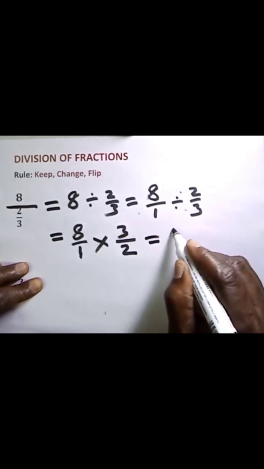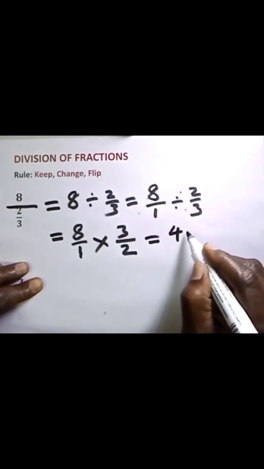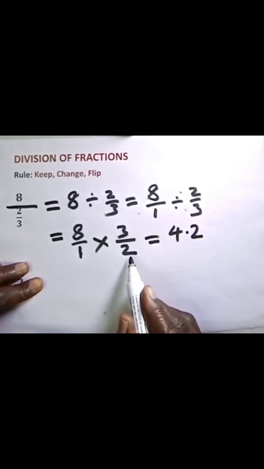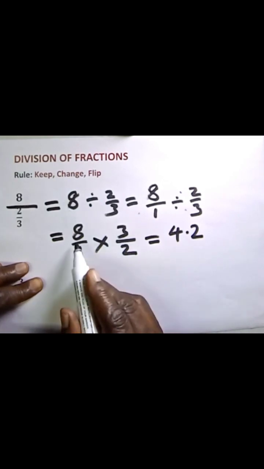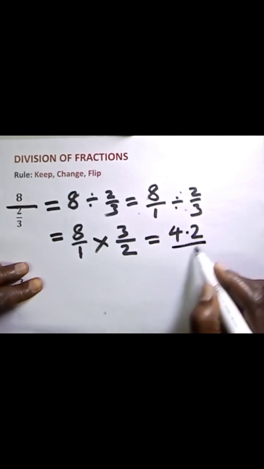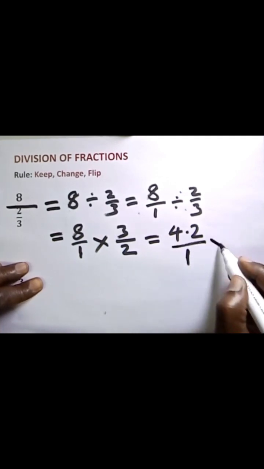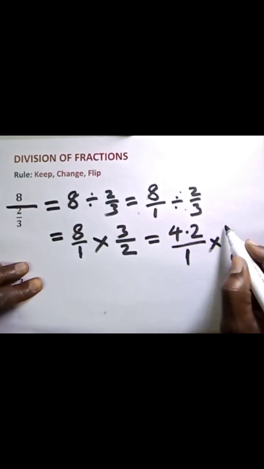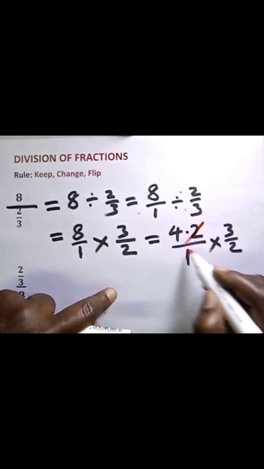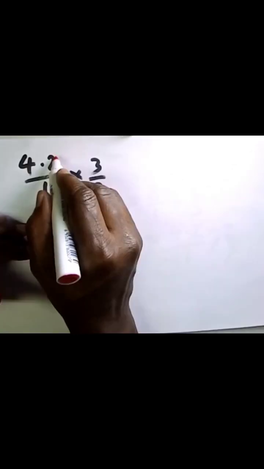8 is the same thing as 4 times 2, because I've seen a 2 in the numerator. So I quickly know that if 2 divides 8, I'll get 4. So 4 times 2 is 8 all over 1 times 3/2. So this 2 will go with this 2.